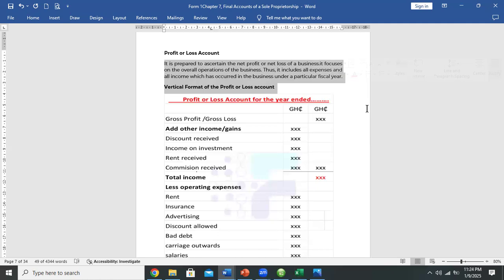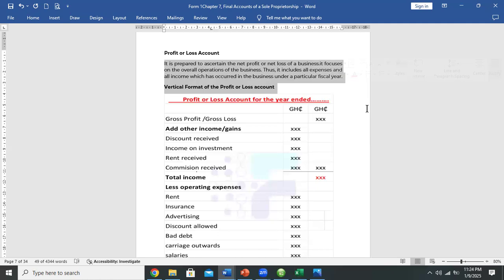But if we are looking at their net profit, it will be how much they are getting from the buying and selling of clothes, plus any other income they are getting, maybe from patching of clothes, or offering consultancy services to people on clothing or fashion. So that is the profit and loss account. It looks at your total operations, which include your main trading activity and any other activity. I hope it makes sense to my professors.